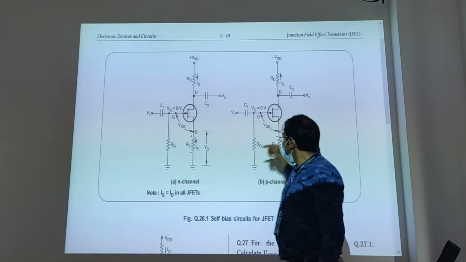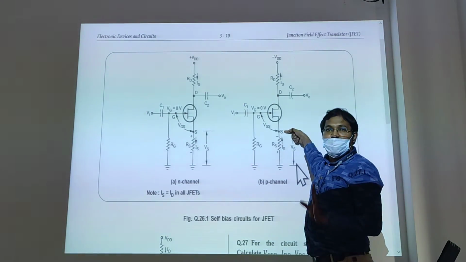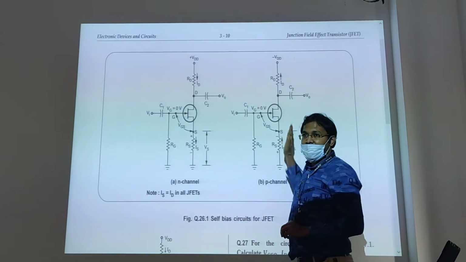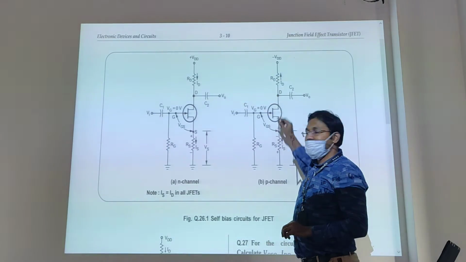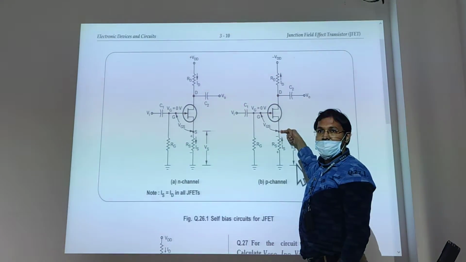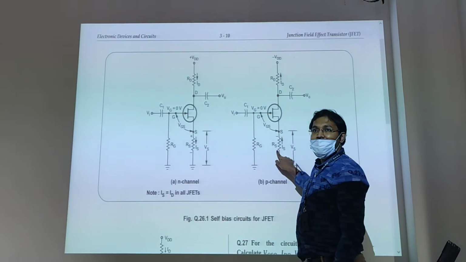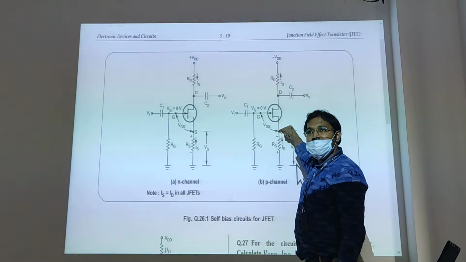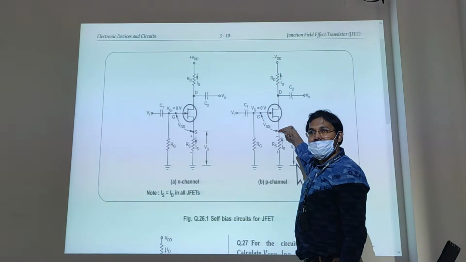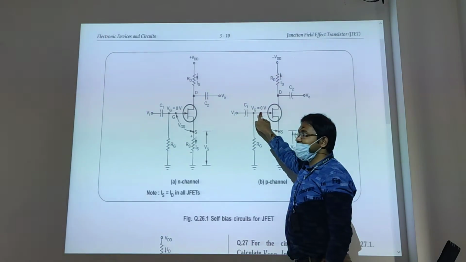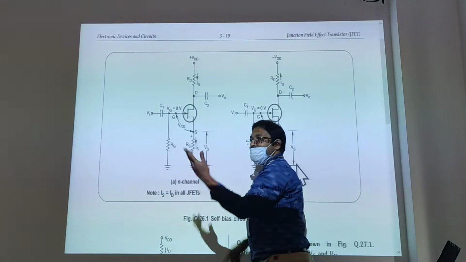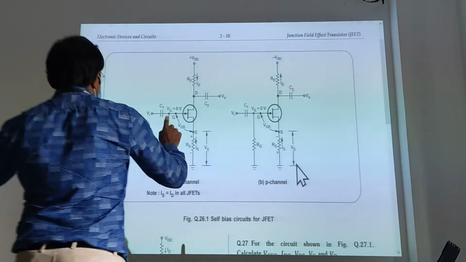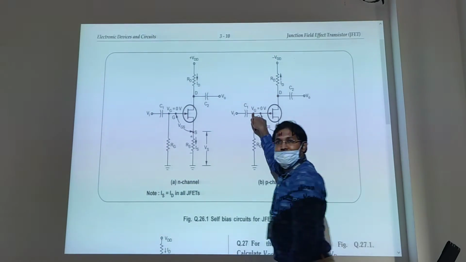Here, source voltage will be negative because obviously the supply you are giving is negative. So current is in the reverse direction, so the voltage here will be minus ID into RS. Clear? The voltage here will be minus ID into RS. Voltage here is 0. All polarities are exchanged.